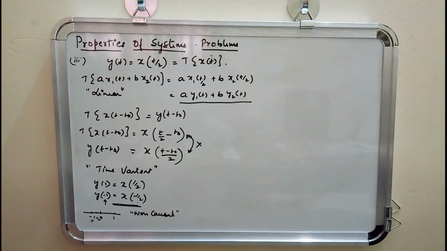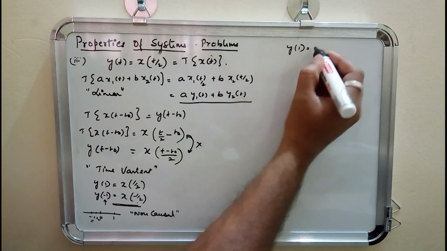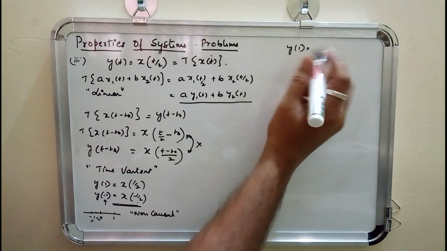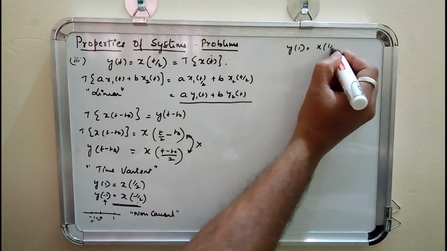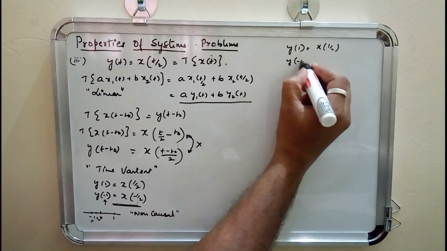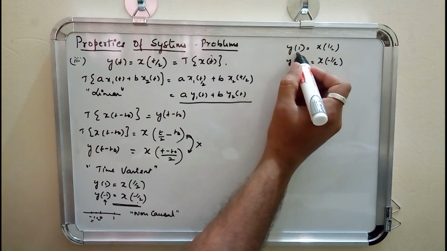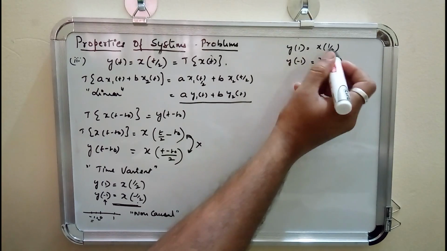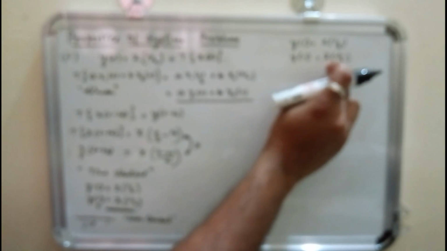Next one is memory. A system is said to have memory if the output at one instant depends upon the input at a past or future instant, but not the present instant. That means y of 1 should not be related to the input x of 1. So y of 1 is x of half, y of minus 1 is x of minus half. Here the output at one instant depends upon the input at a past instant, and here the output depends upon the input at a future instant.